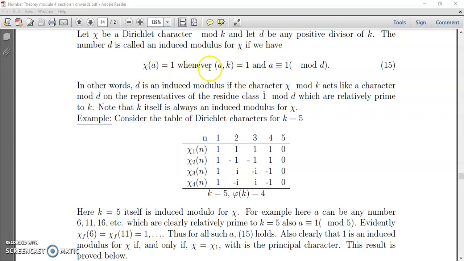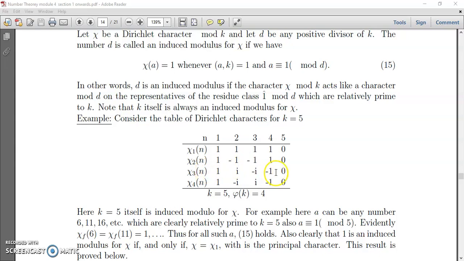This is chi of a is 1 only in the case where we can take any integers. If we are taking 1 as the induced modulus, then this satisfies only when, for each d less than k, that is for 1, 2, 3, 4, for these numbers all these values are 1 only in the case chi1.